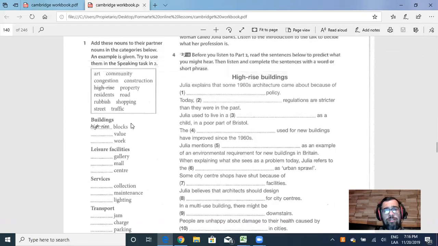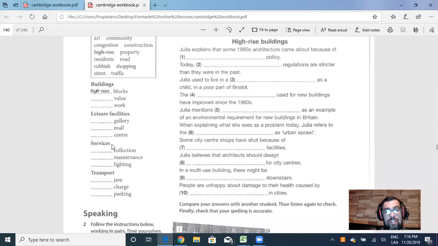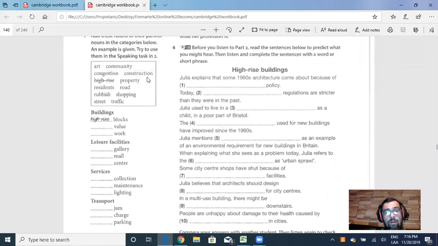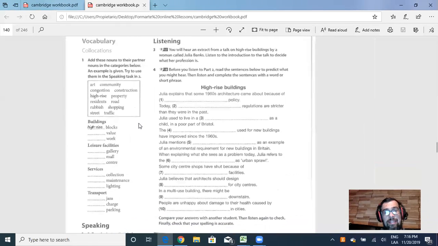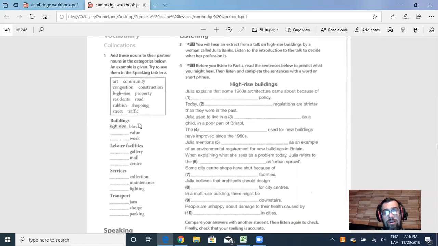And what I want is for you to try to collocate these words. For example, regarding buildings, leisure facilities, services, and transport. I'm going to give you some minutes to do this part, and we will check it in a moment. So let's work with this right now.